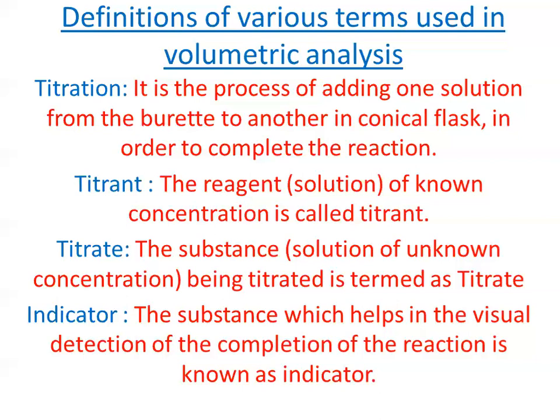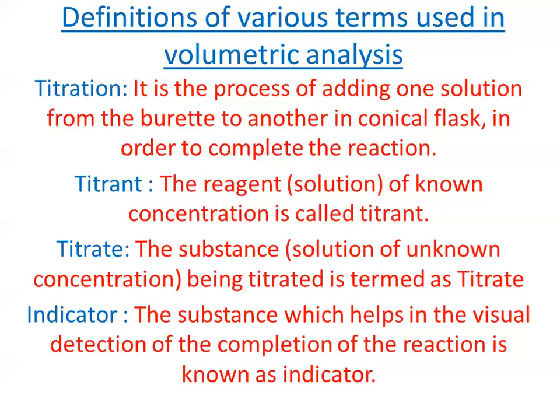Next is indicator. It indicates the completion of reaction. An indicator is a substance which is added to the solution taken in the conical flask, not in the burette. We take the solution in the conical flask, and into that solution we add the indicator.